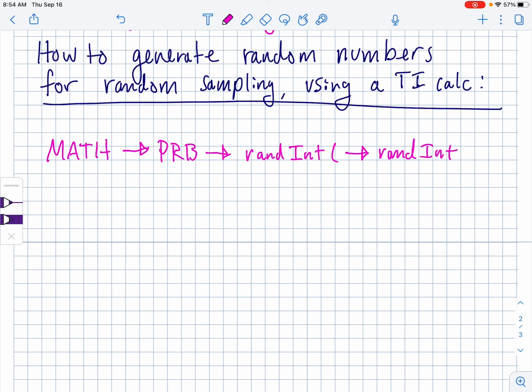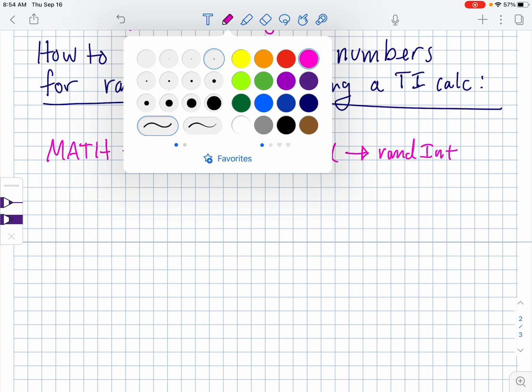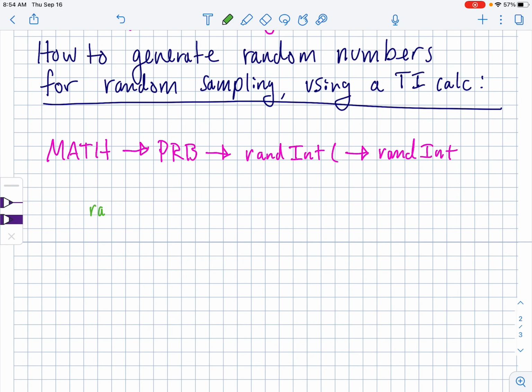Now here's how randInt works. Sometimes I use this for seating charts. On my screen, I'll go math, probability, randInt. Then you have to put 2 numbers.